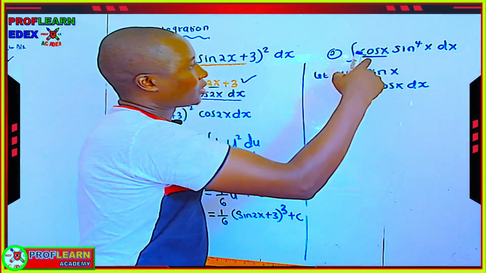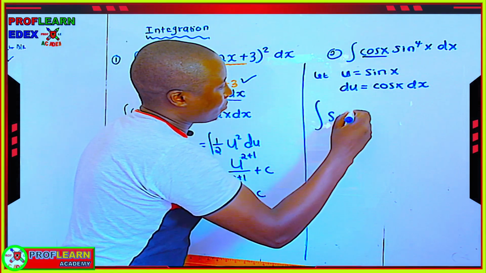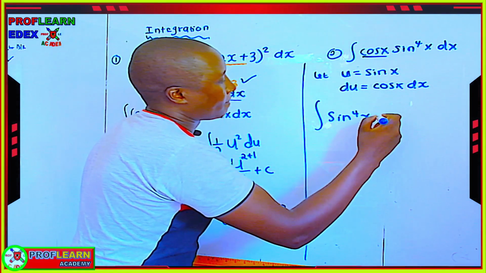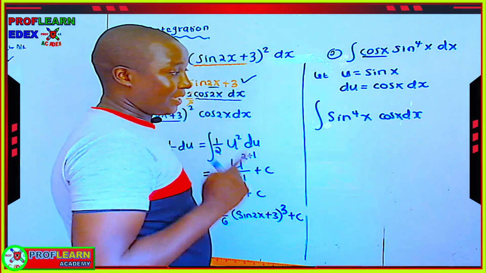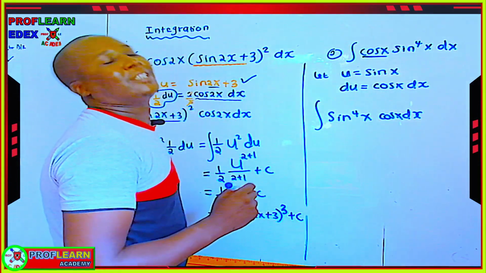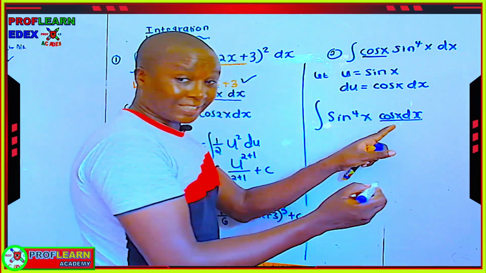So meaning this expression can be written as sine power 4x cos x dx. We can write it this way. Then once we have written it this way, we can substitute, because we are having cos x dx at this point.